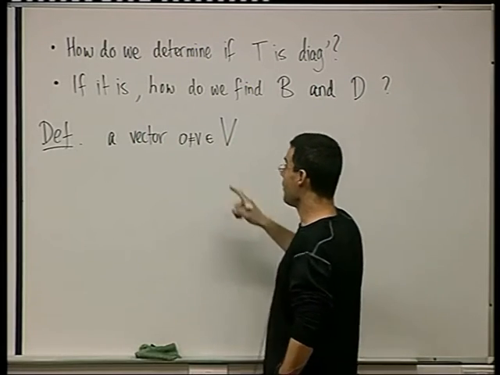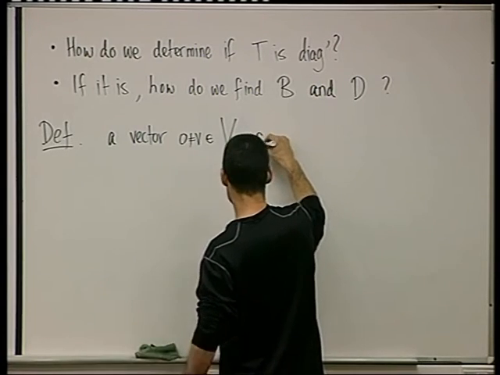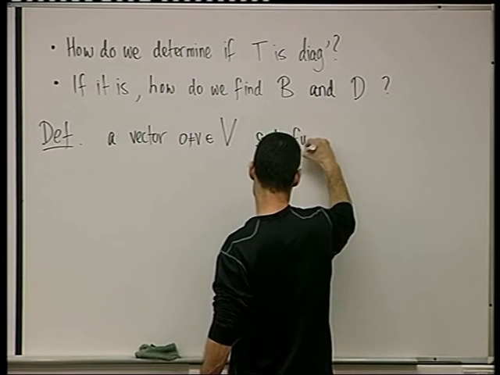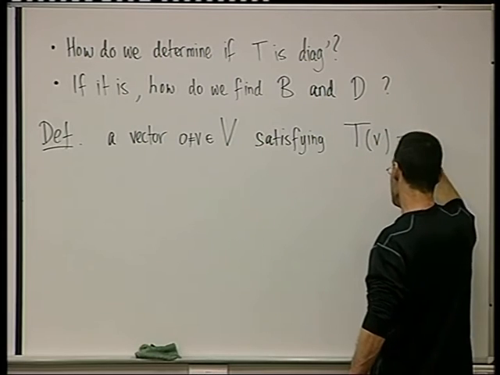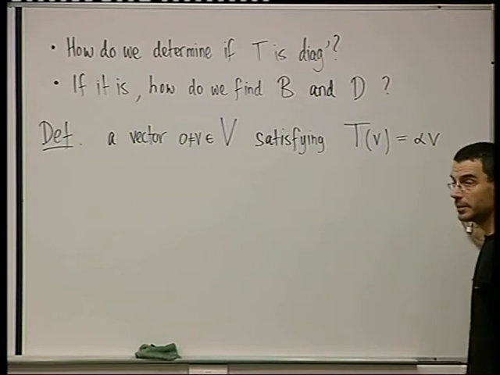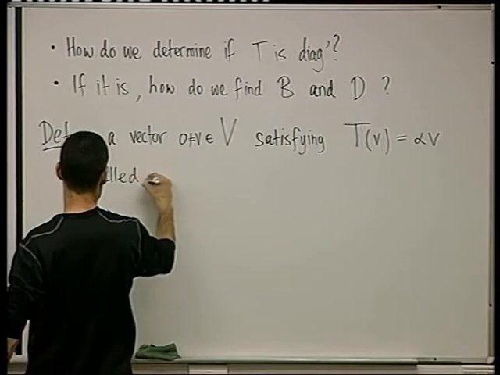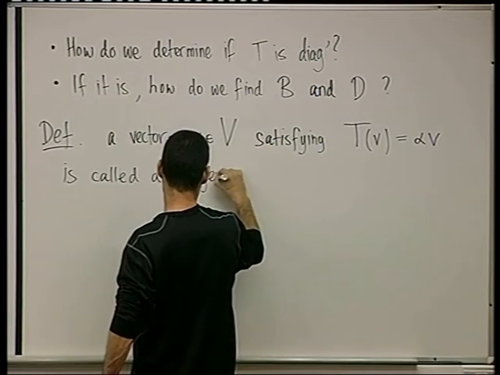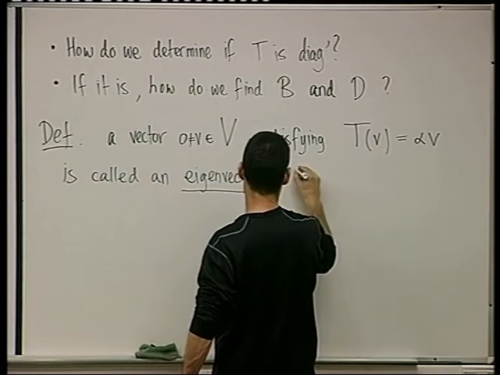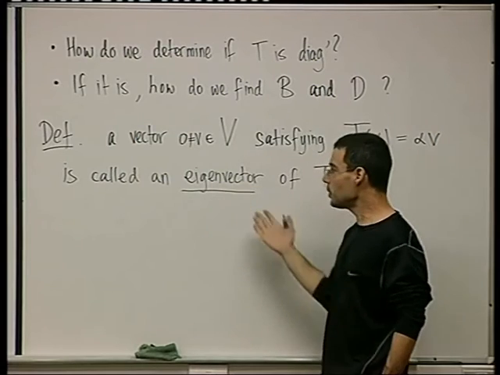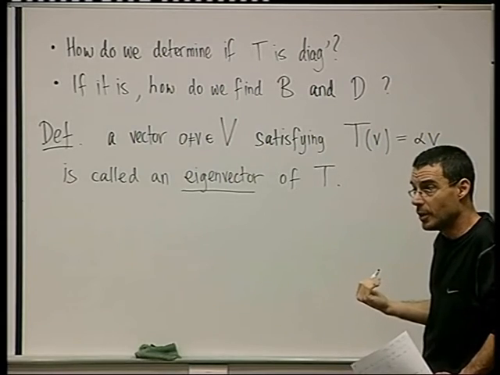Okay. A vector v, which is not zero, satisfying that when you apply T to it, you just get some scalar multiple of it, is called an eigenvector of T. This weird word eigen is in German, and it means self or own.